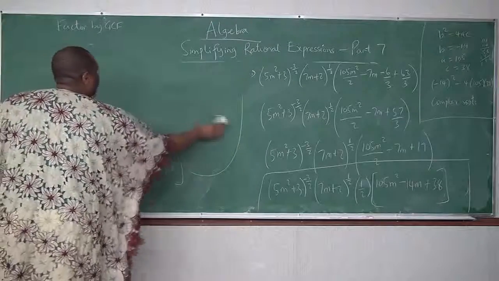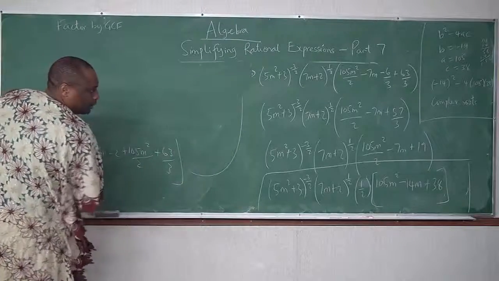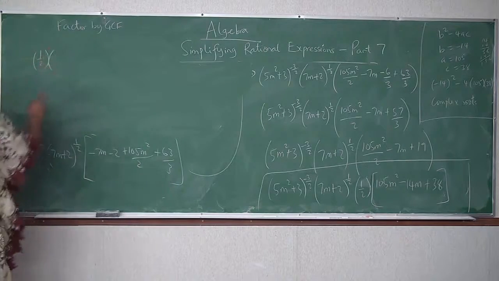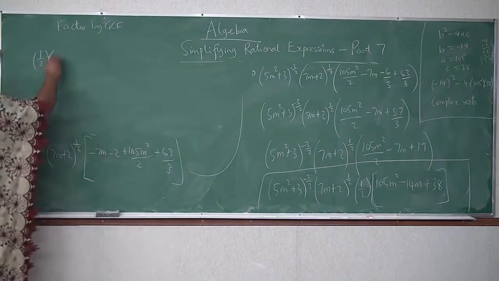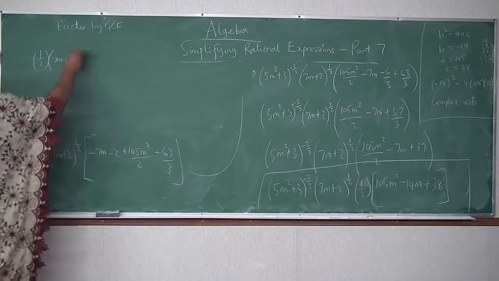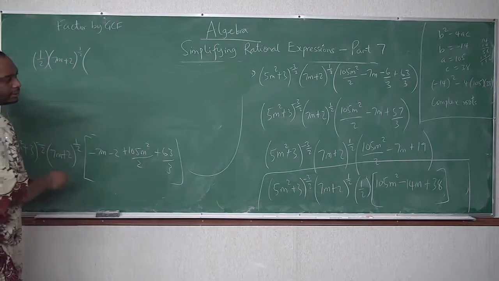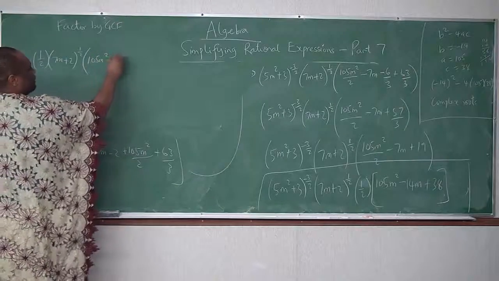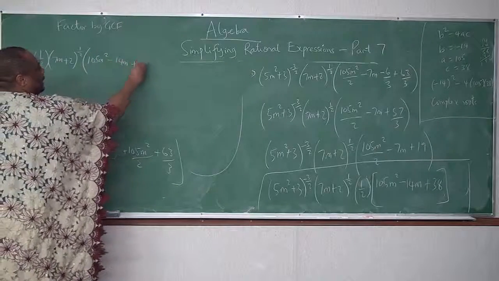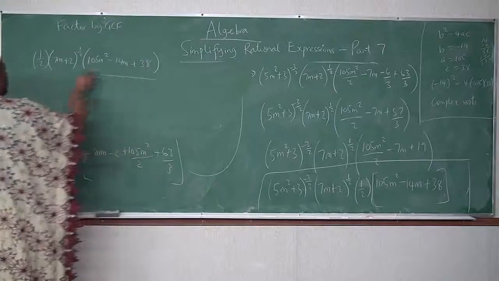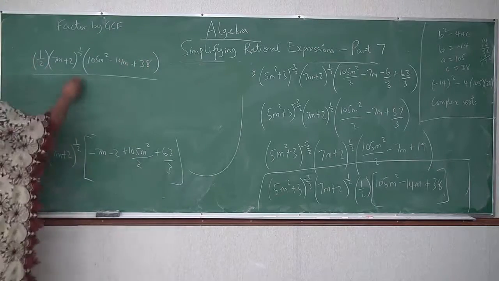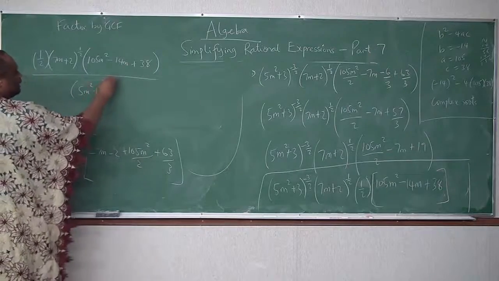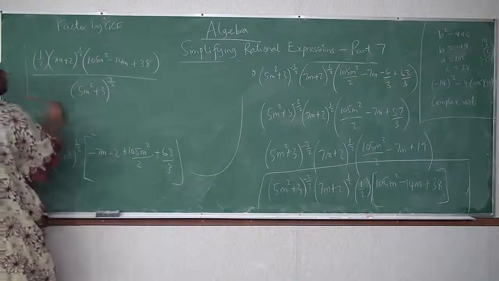We will now have 1 over 2 times 7n plus 2 exponent 1/2 times 105n squared minus 14n plus 38 all over 5n squared plus 3 exponent 3 over 2.